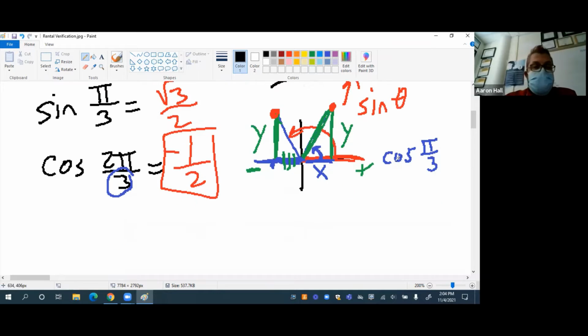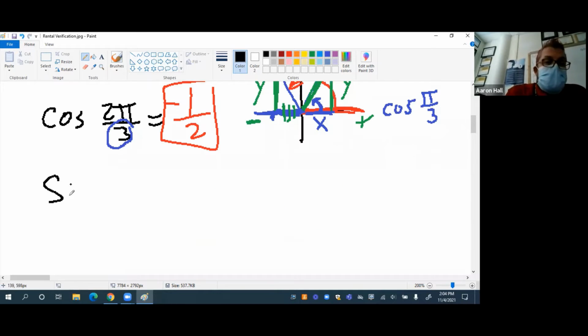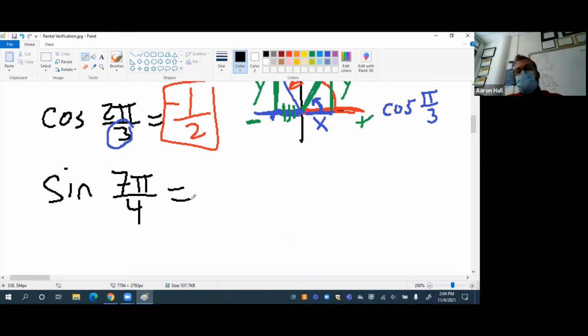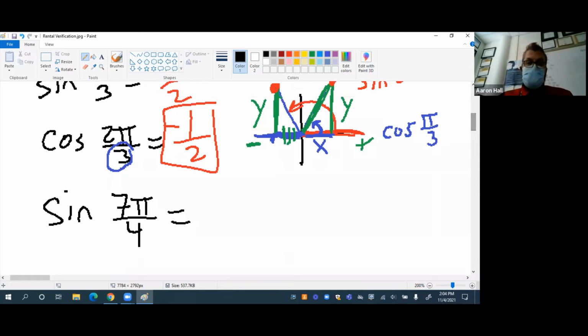Let's do another one. I have sine of 7 pi fourths. What quadrant does that put us in?